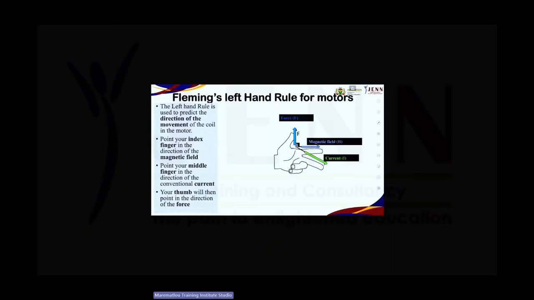So if we look at what each finger stands for, the left-hand rule is used to predict the direction of the movement of the coil in the motor.